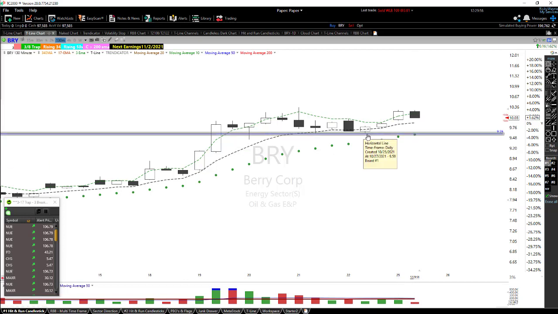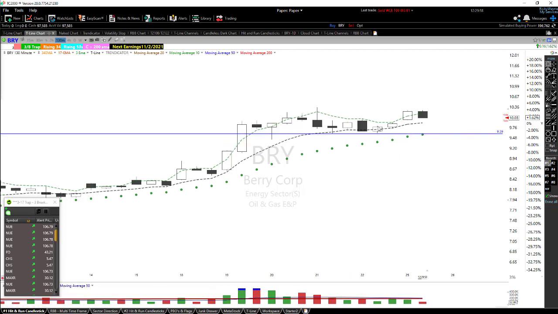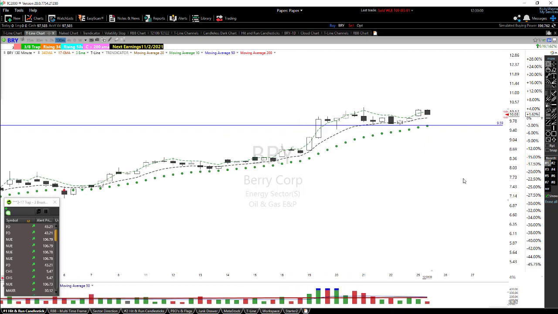So this is where our stop was, but looking at that 3-bar chart, it kind of changes that picture. Not for everybody, because some people can handle more risk than others. I'm not saying you can handle little risk or a lot of risk. I don't know.